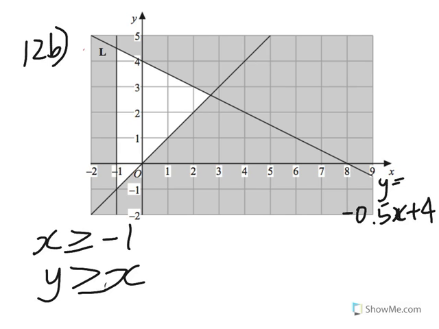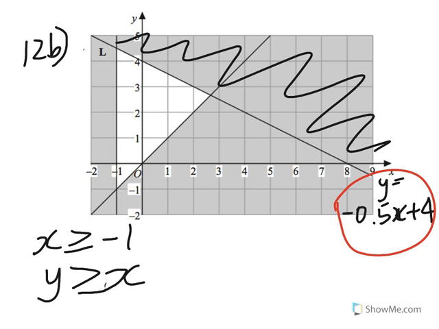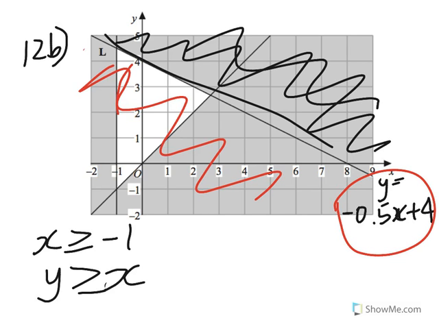Now, let's deal with the last one, y equals negative 0.5x plus 4. We don't want anything above the line. We want the stuff that's below, because the unshaded area is below the line.